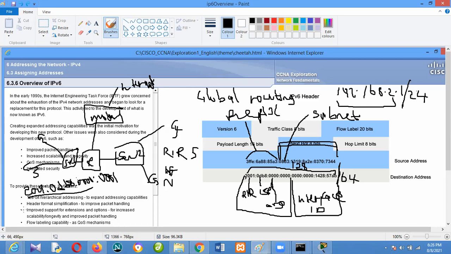Okay, I can do this network is that, then the other network is 2001:0DB8:0000. That is my global routing prefix. I can decide to do that network as 0002 because I'm in charge as an IT person from subnet.